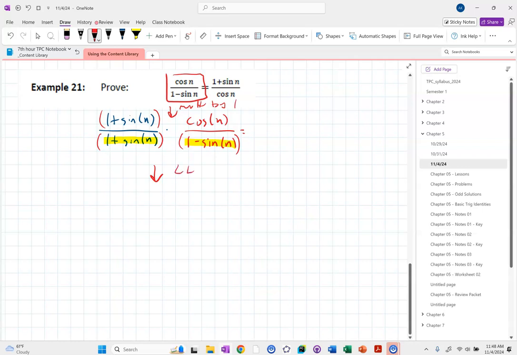And then we'll do some combining like terms here. Well, really what we did is we FOIL, I guess. So if I FOIL out the denominator, I'm going to have 1 minus sine squared, right?